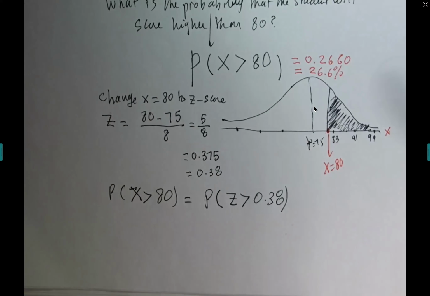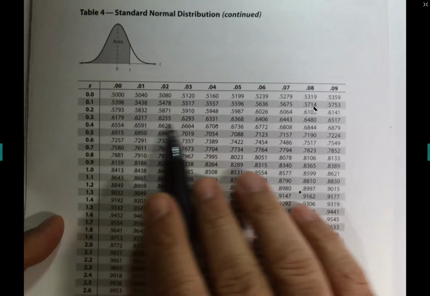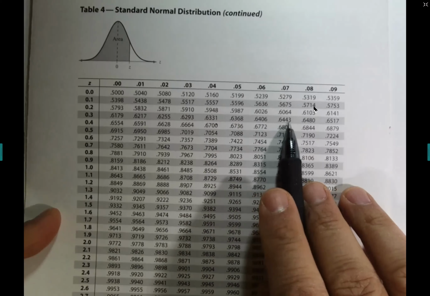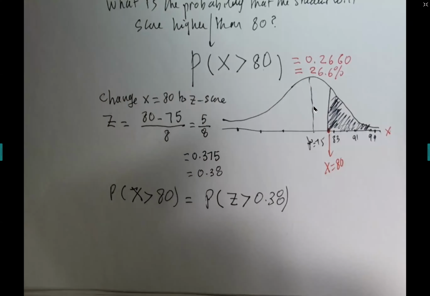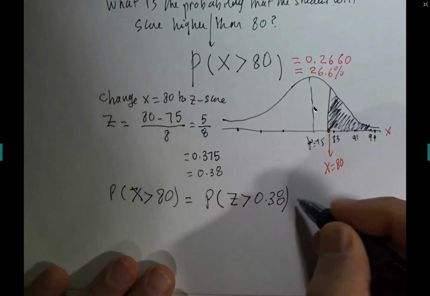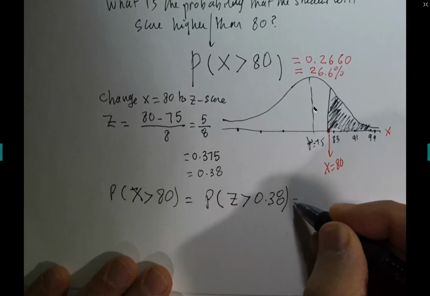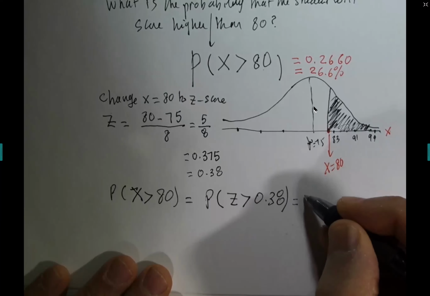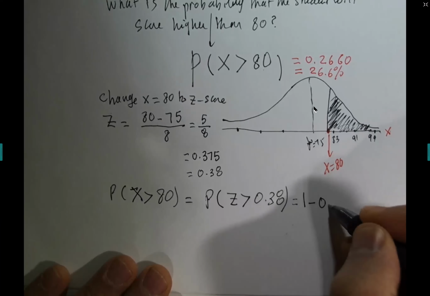All right, so we have 80 minus 75, 5 over 8. Yeah, 0.38. It will be 1 minus 0.6480.